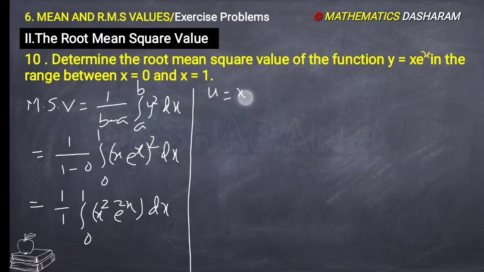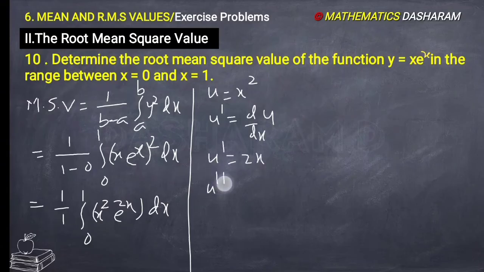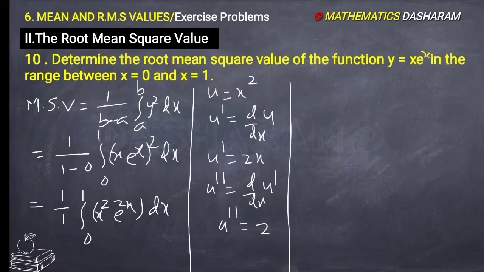First u equals x square, u dash means derivative of u. So u dash equals 2x, u double dash equals the derivative of u dash. So then u double dash equals 2. So only two derivatives, because the next derivative will be 0.